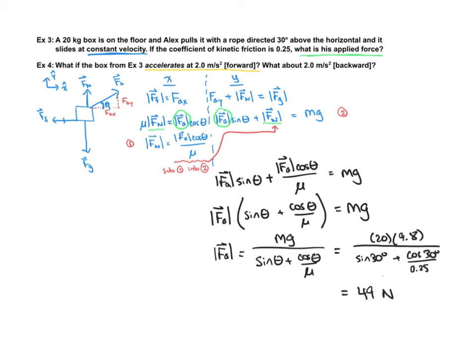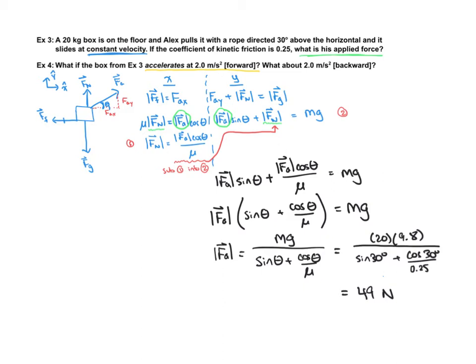So basically I want to practice a situation where there's acceleration. Can I preserve anything from the solution here, or do I have to start all over again? Well, the acceleration is forward.